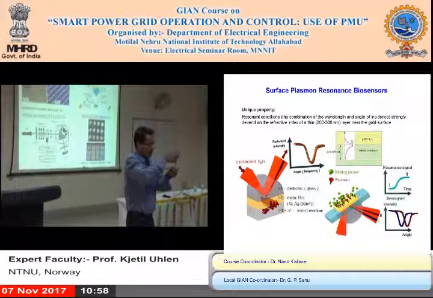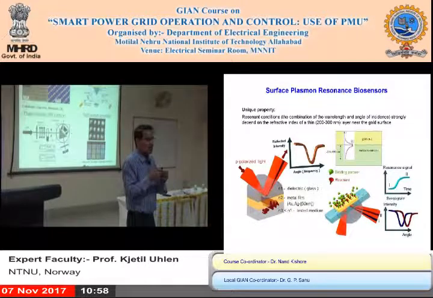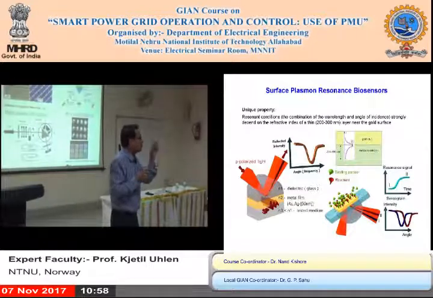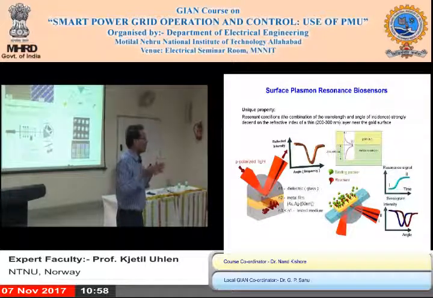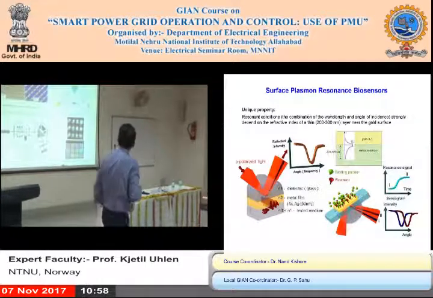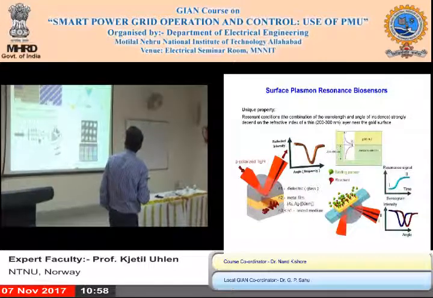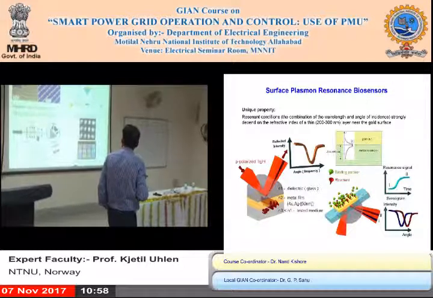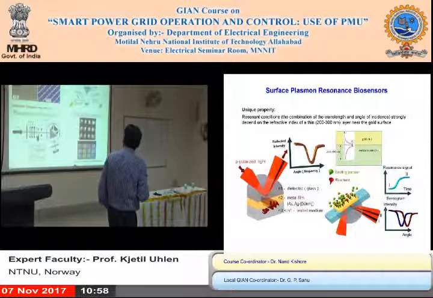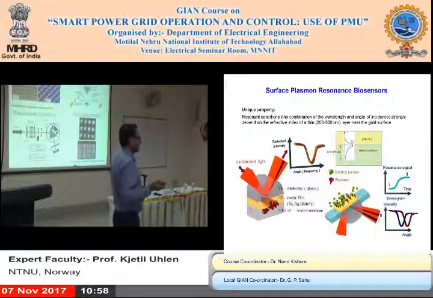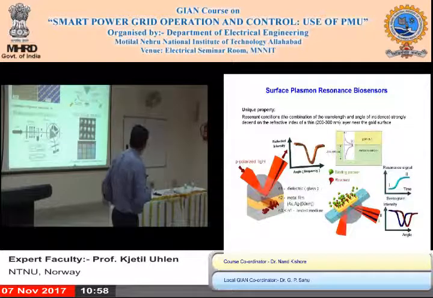So you have resolved into many different domains, and each can sense one analyte. So you can do multi-analyte detection, and that area is called plasmonic array. So we have an array of these in the film, like here, and each one can detect one analyte. So you can do many analyte detection.